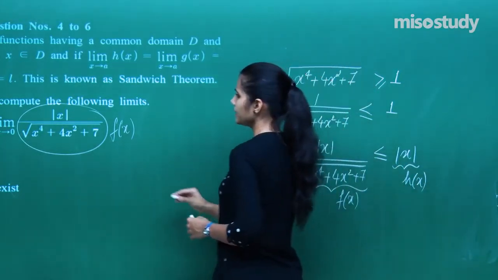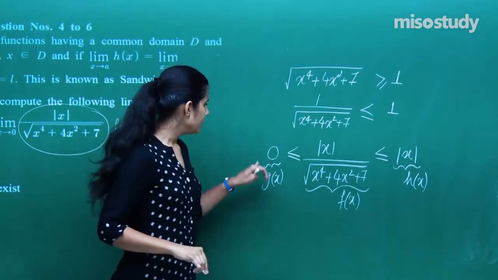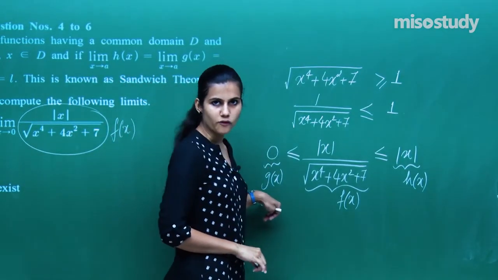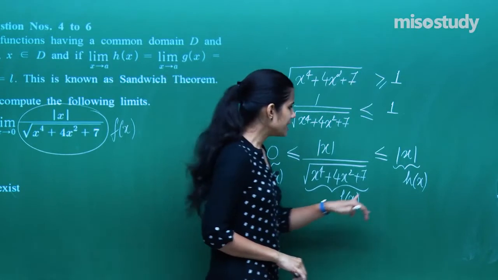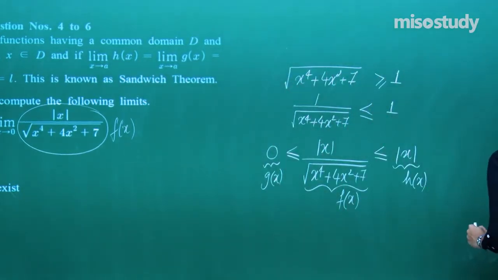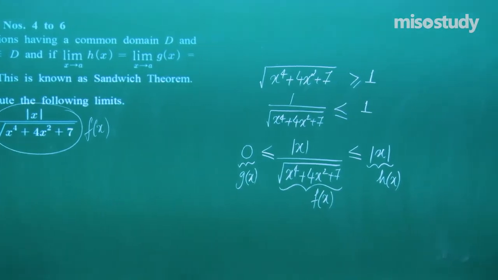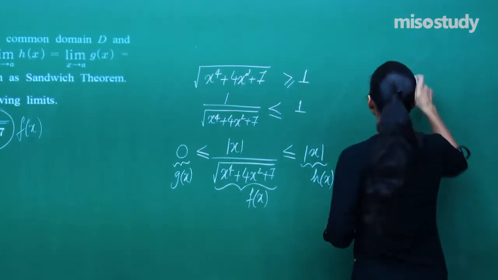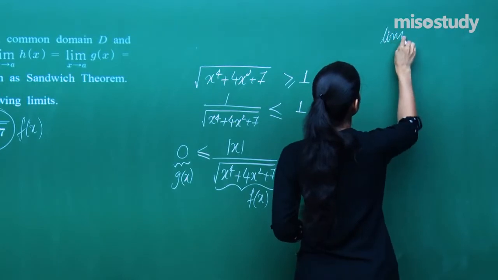You need to compute the limit as x tends to 0 of f(x). Limit x tends to 0 of 0 is 0. Obviously, it's a constant function 0. What is the limit as x tends to 0 of mod x? It's very simple. Mod is a continuous function.